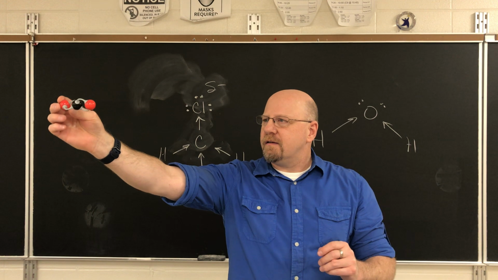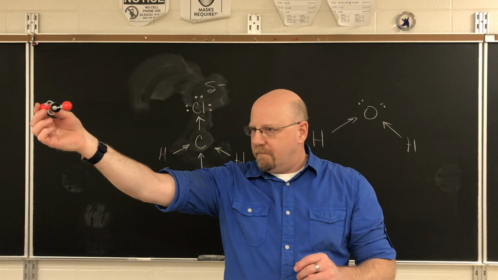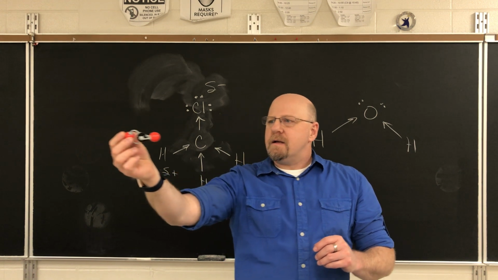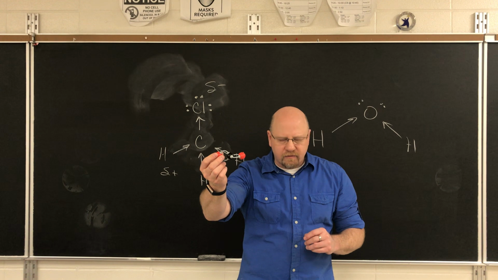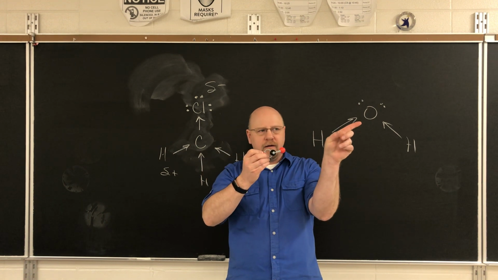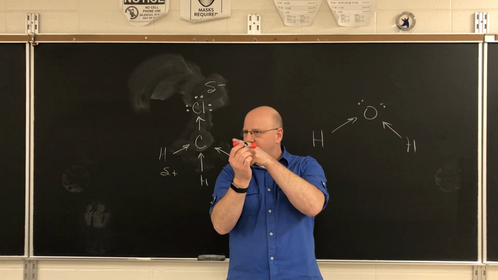Here's the thing. What shape? Linear. It's a straight line, right? The electronegativities for SiS2, they're going out to the sulfurs, right? So they point out. Both of these then are negative.